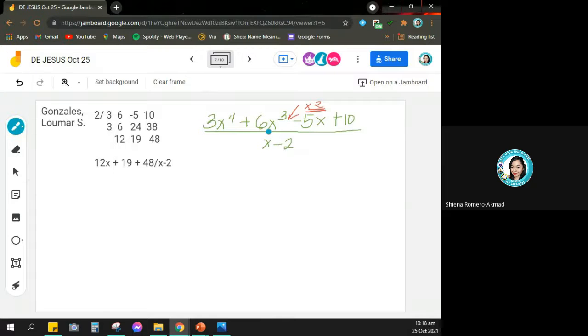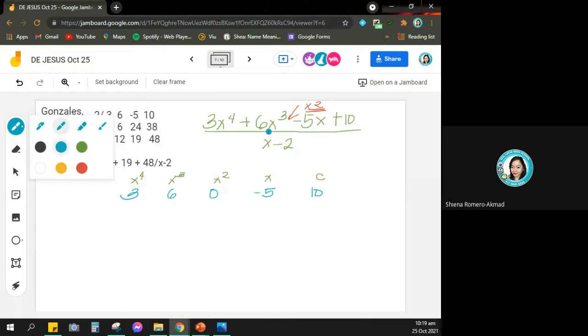So, pag nag-solution na kayo, we have 3, 6, 0, -5, 10. Kung saan, si 10 ang constant term, si -5 yung sa variable x, si 0 yung sa x squared, si 6 yung sa x cubed, and si 3 yung sa x raised to 4.